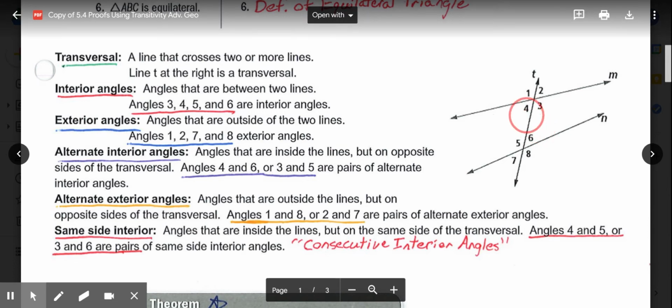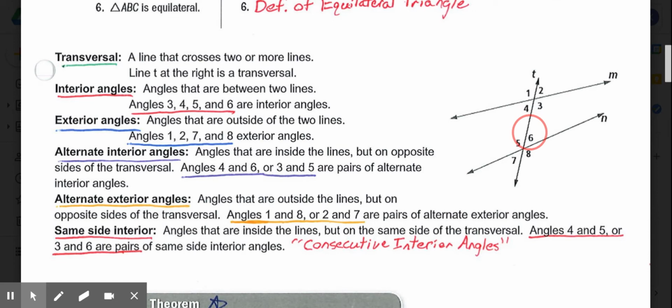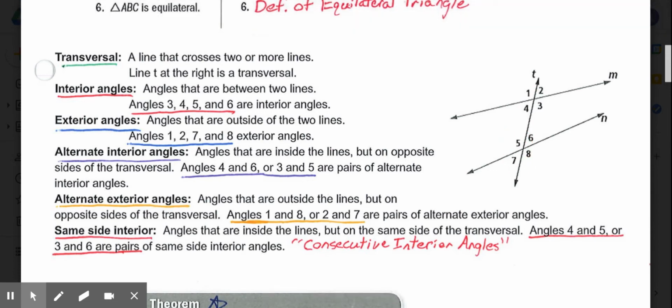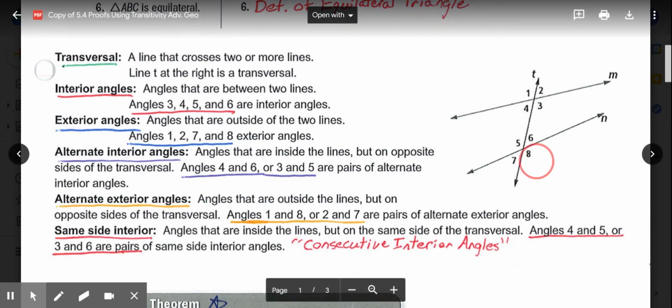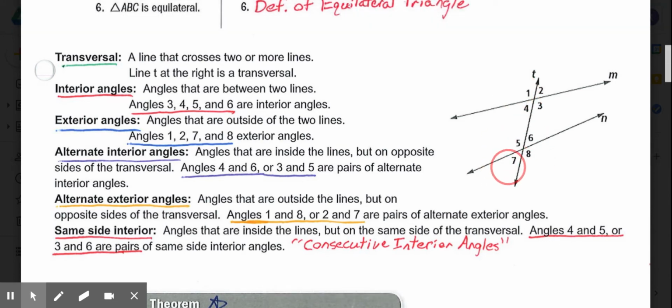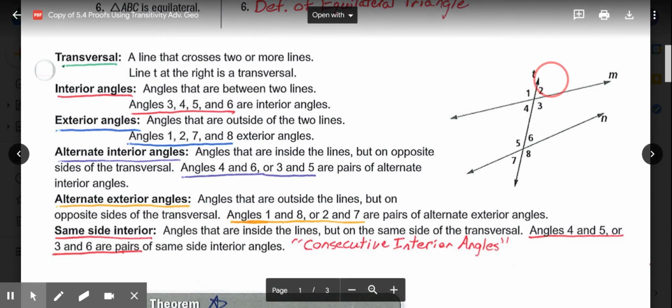So 4 and 6 are a pair of alternate interior angles. 3 and 5 are also a pair of alternate interior angles. And then alternate exterior angles are the angles on the outside, but on opposite sides. So 8 and 1 are alternate exterior, along with 7 and 2.